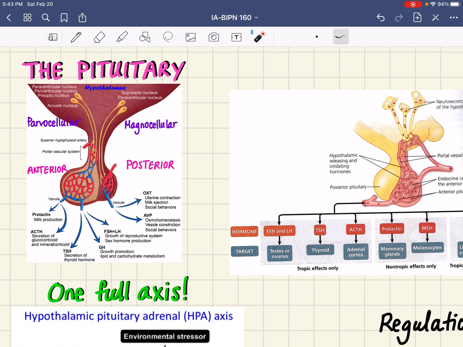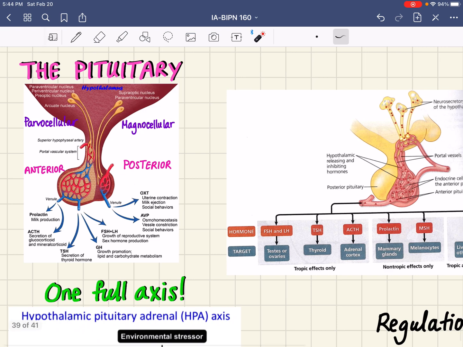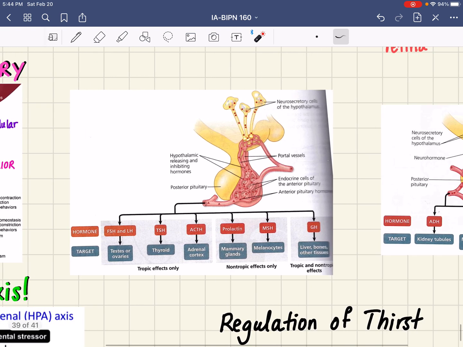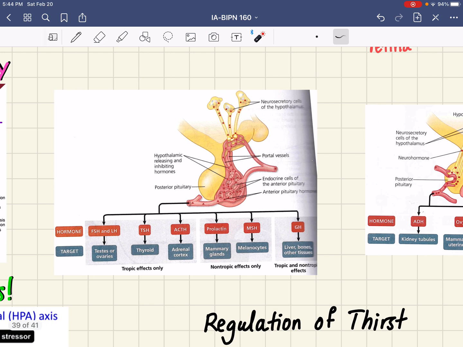So the magnocellular neurons reach all the way down into the posterior pituitary, then release their hormones right here instead of releasing them right here. Okay, so that's the difference. I'm not sure if you need to know that detail, but it'll help you for other classes also to visualize that.